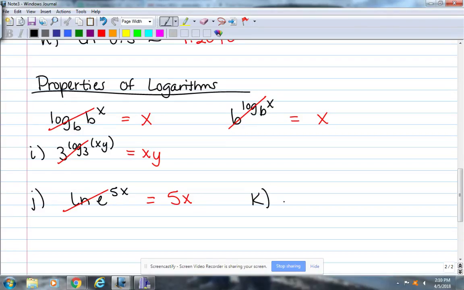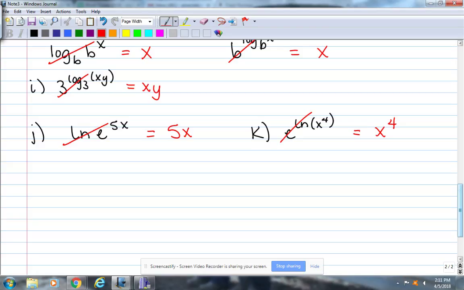Likewise, if you take E and raise it to the natural log power of, let's do x to the 4th. The E and the natural log cancel out. So same bases for logarithms have to cancel out. E and natural log have to cancel out. And what's left over that I didn't cancel out on K? X to the 4th power. Yeah, ln and E cancel out. Very good. Okay.